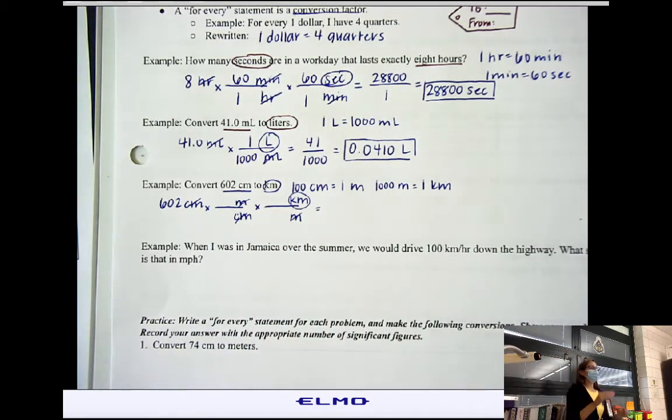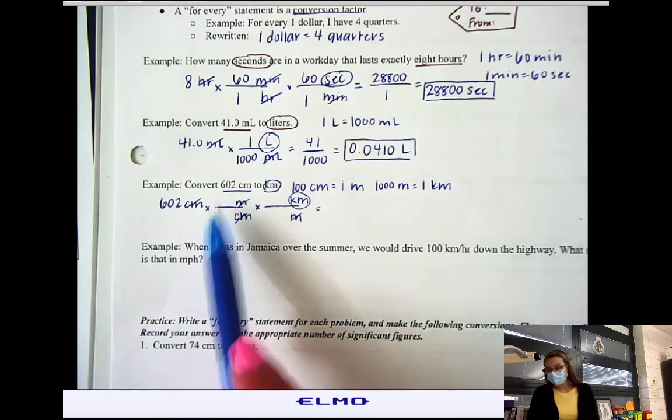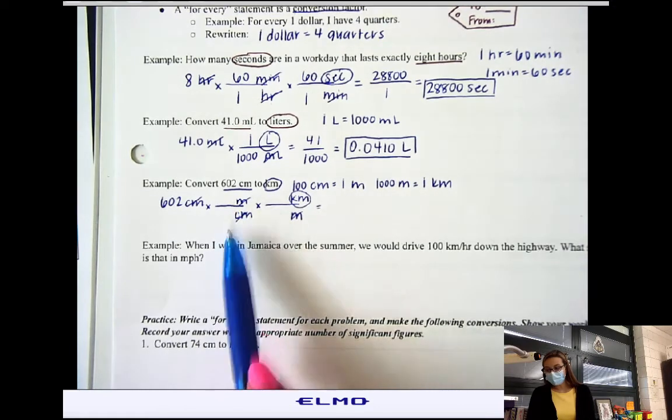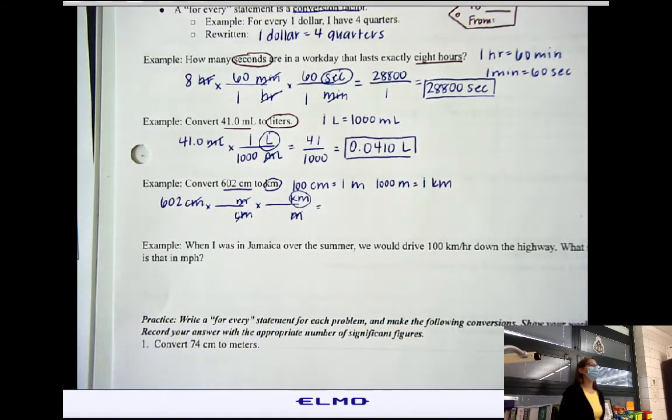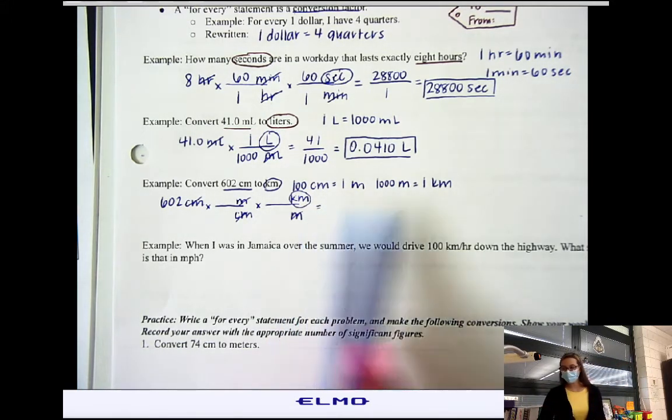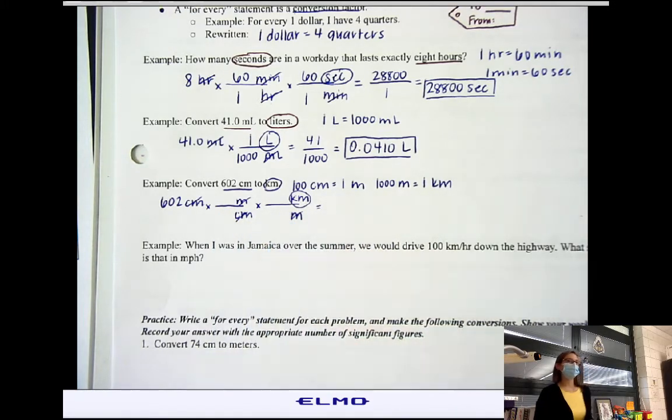So what I want you to do is just, either on your own or with the person next to you, fill in the numbers, fill in these conversion factors, and then plug it into your calculator and solve. So use these conversion factors that we already wrote out to plug the numbers in.